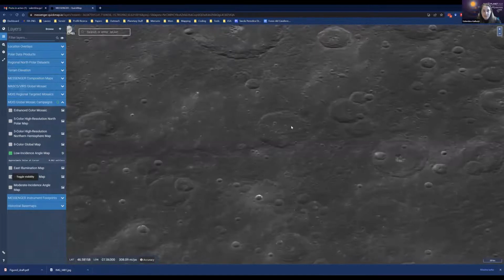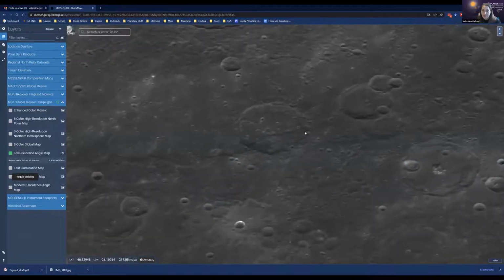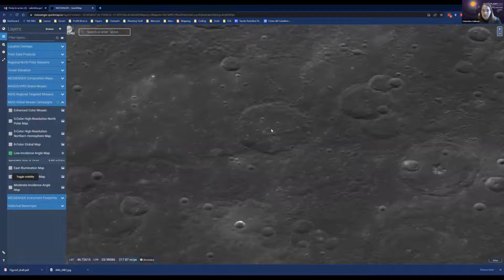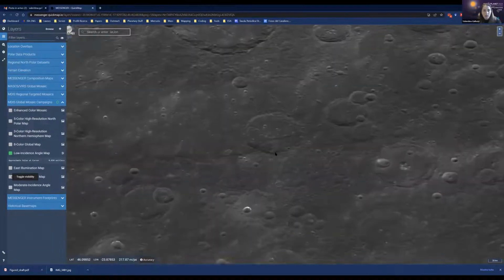So the low incidence angle base map doesn't enhance the morphology of the planet, but it enhances these structures that are mostly east-west, which is the common illumination direction on Mercury. So it's very difficult to get, let's say, shadows toward the north or the south.